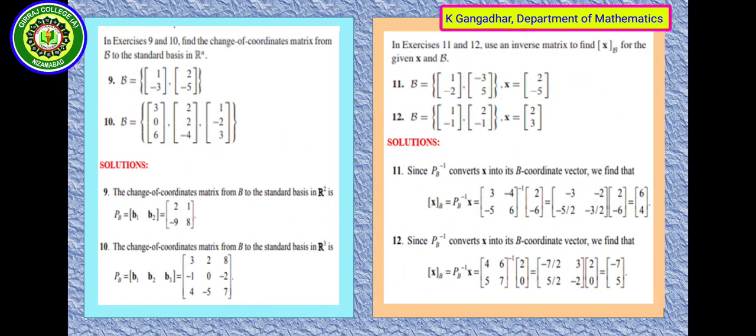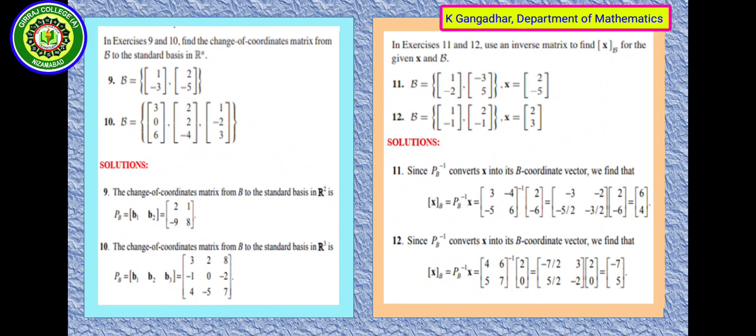Now the next problem. Find the change of coordinate matrix from B to the standard basis of R to the power n. B equal to 1, -3, 2, -5 is given. So here we want the change of coordinate matrix from B to the standard basis in R to the power n.